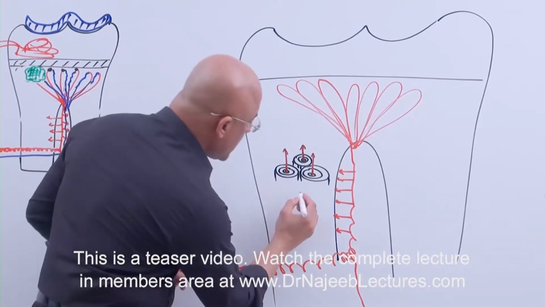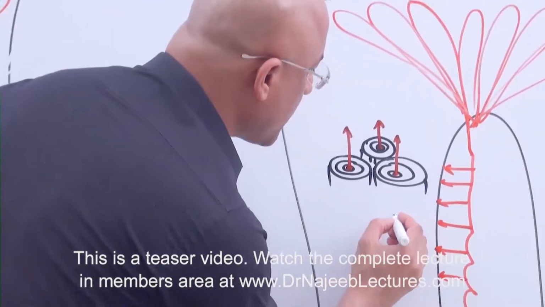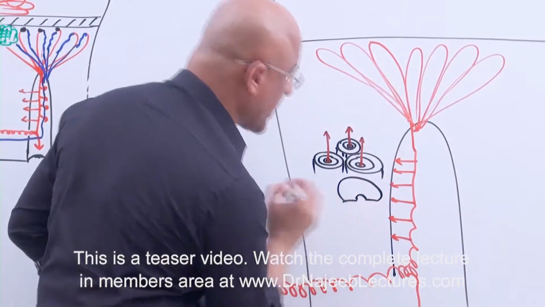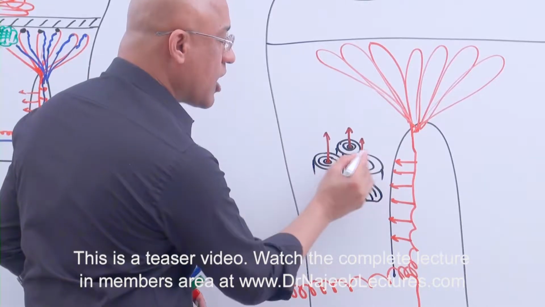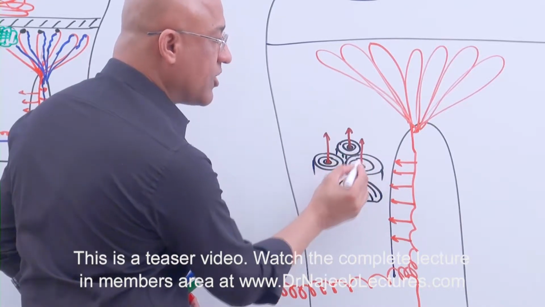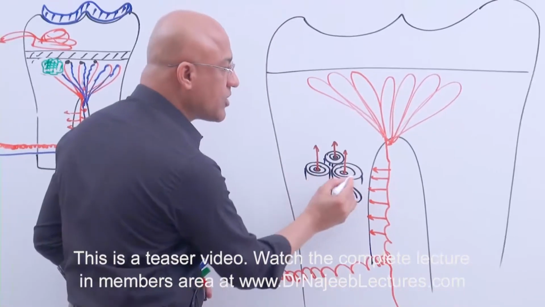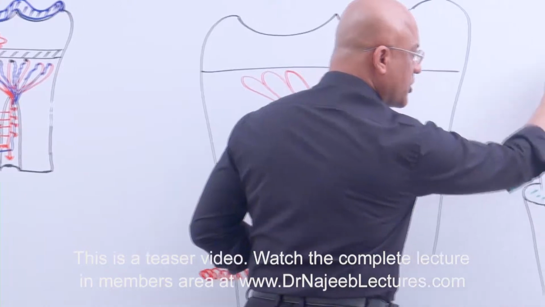Now, if I cut a section of it, how will it look? This is one osteon I cut. Now these are its lamellae. These lamellae are around the central channel, so they are said to be concentric lamellae of bone, because this is the center.